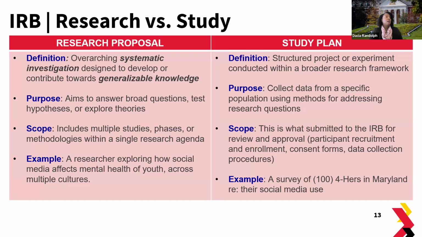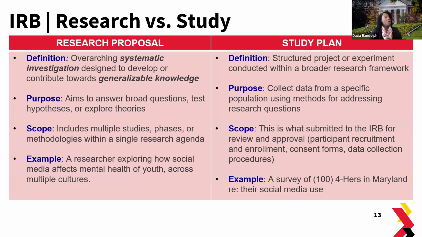The purpose of research proposals is to answer those broad questions, test hypotheses, and explore theories. However, with a particular study, you're looking to collect data from a specific population or sample, using methods for addressing the research questions you're looking to explore in your overarching research.